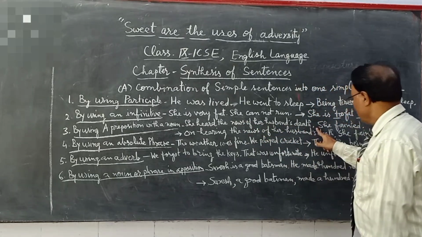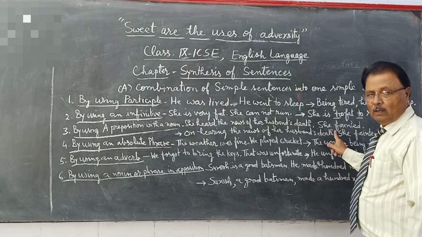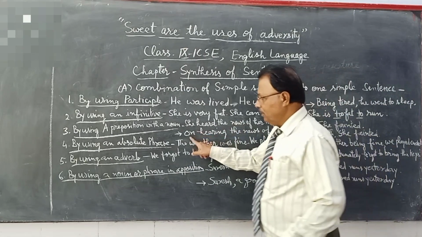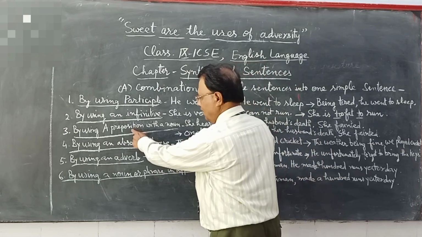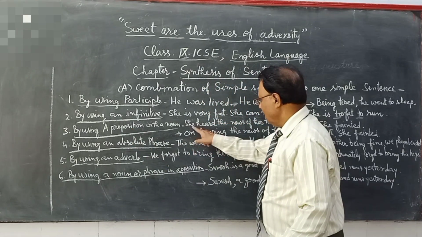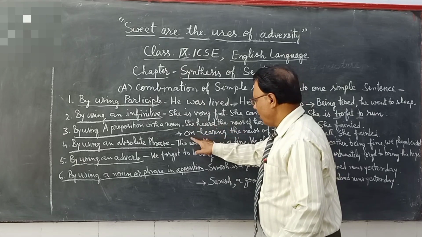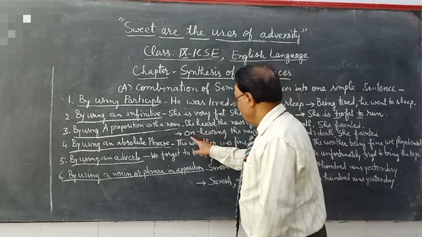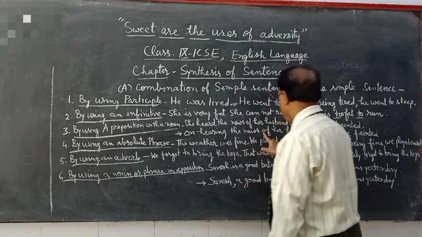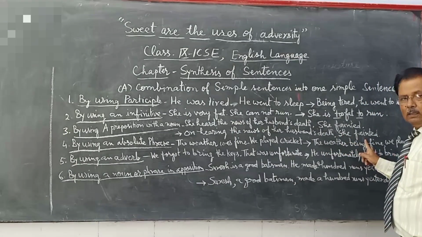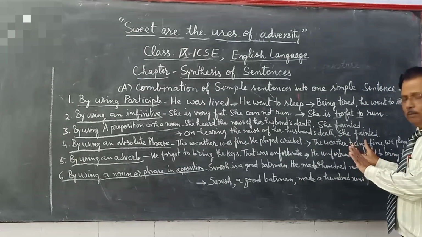Second sentence is she fainted. We have to combine these two sentences. First of all, we use a preposition: on hearing. On hearing the news of her husband's death, she fainted. She fainted remains the same.